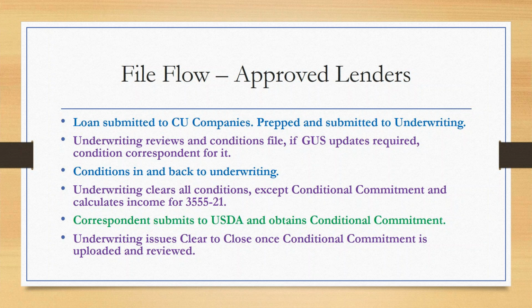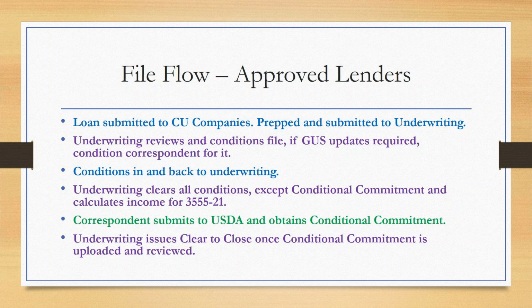You will obtain the conditions, resubmit them back into the TPO website, and it'll go back into underwriting for review. So we will clear all the conditions except the conditional commitment, which we leave as a prior to docs condition, and calculate that income for the 355521 for you.